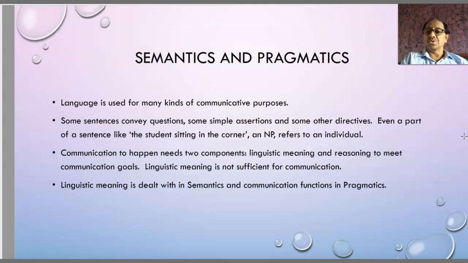Can you please close the door? It may have several communicative functions. So, the linguistic meaning alone is not sufficient for a communicative function. And the linguistic meaning is dealt with in semantics and communicative functions are dealt with in pragmatics.